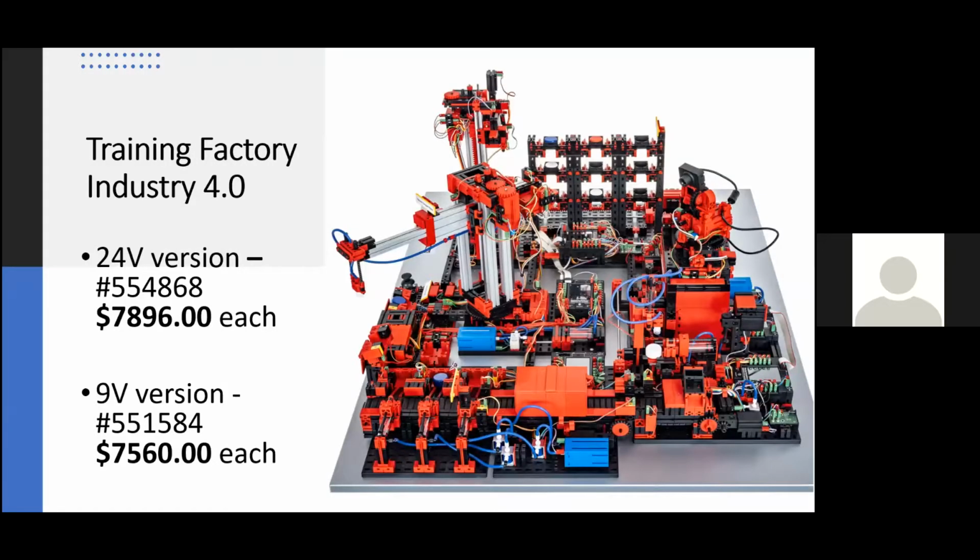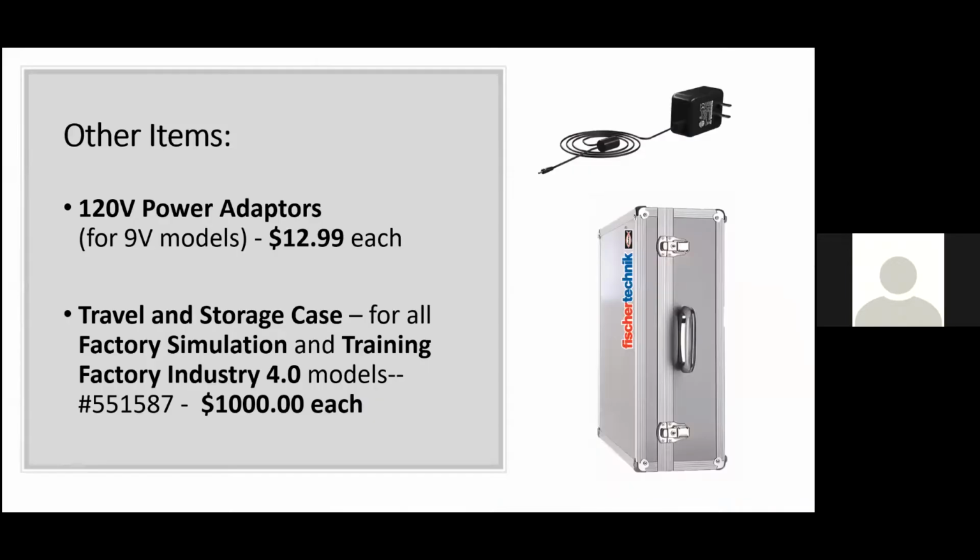And finally, the Training Factory Industry 4.0s in the 24-volt version. Once again, this will require PLCs, but it comes with that access to the sample program. These are $7,896 per unit. The 9-volt version, which of course comes pre-wired to the TXT controllers and is pre-programmed using C, C++, is $7,560.